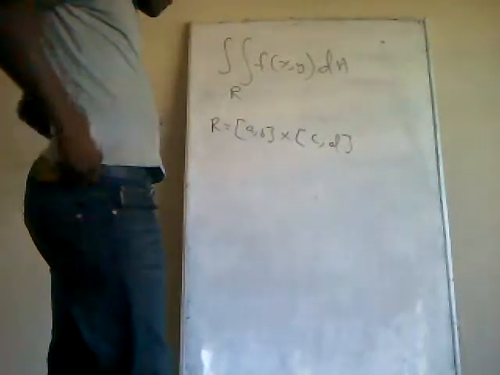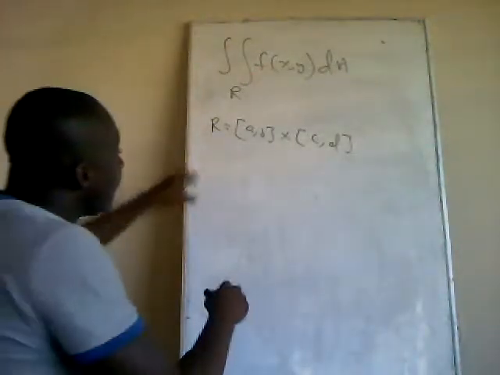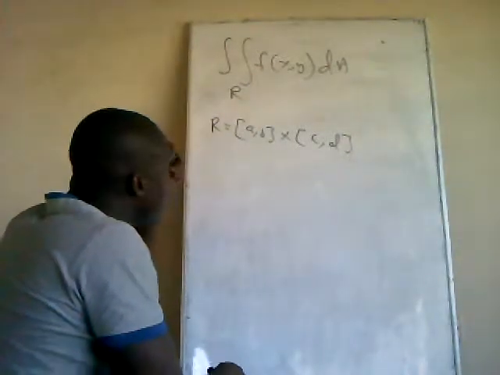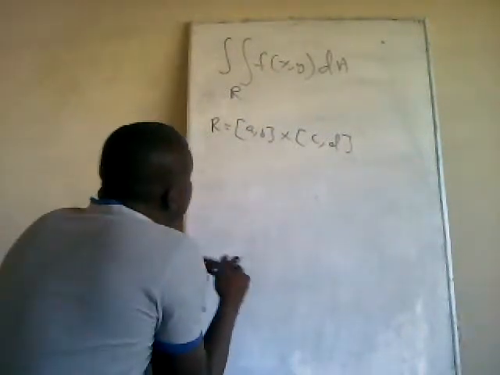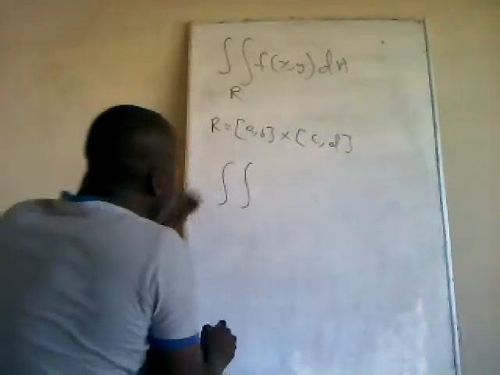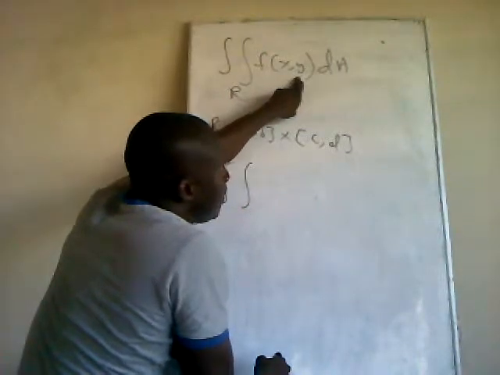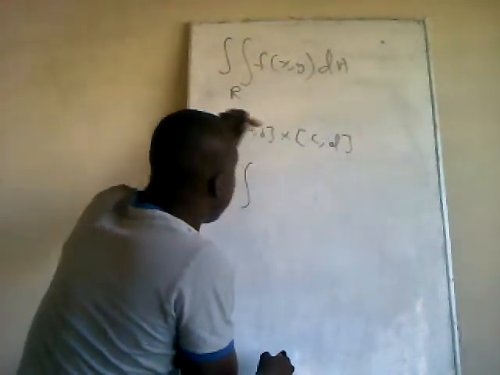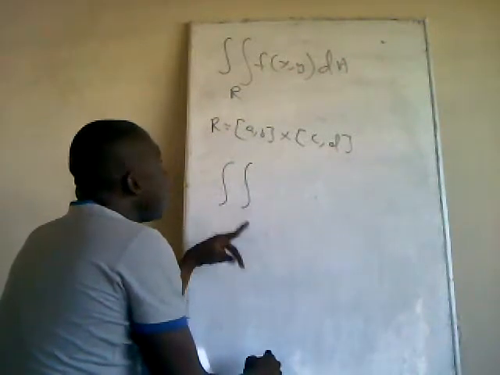Typically if I define a double integral like this, and here the region is a rectangular region, then to set up my double integral, because the function depends on x and y, it means that this dA here must be either dx dy or dy dx.